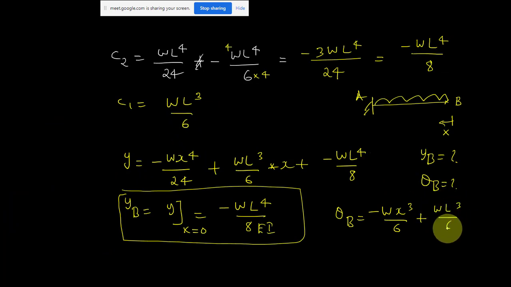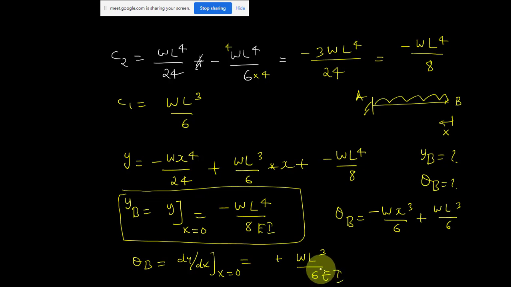WL cubed by 6. So your theta B is nothing but dy by dx at x equal to 0. Substitute the value x equal to 0 in this equation, you will get positive WL cubed by 6. So this is the value of your slope at the free end, and that is the value of your deflection at the free end.